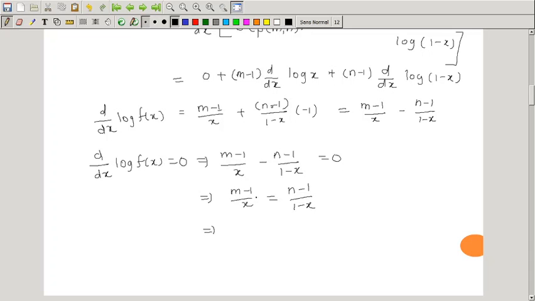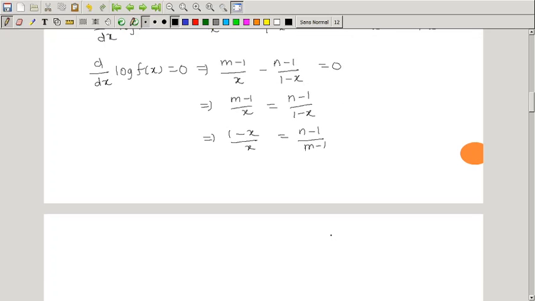Now this m minus 1 term, which is in the numerator, goes to the denominator on the right side, and the denominator term goes to the numerator. So that is 1 minus x upon x equal to n minus 1 upon m minus 1. That means 1 upon x minus 1 equal to n minus 1 upon m minus 1.